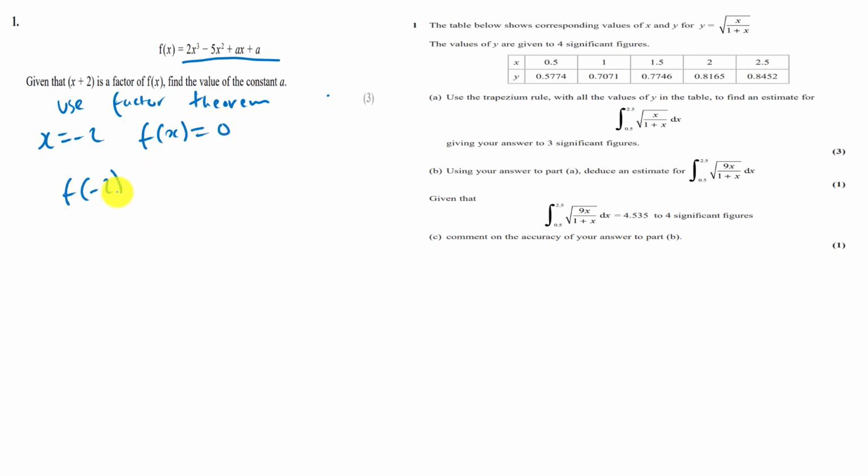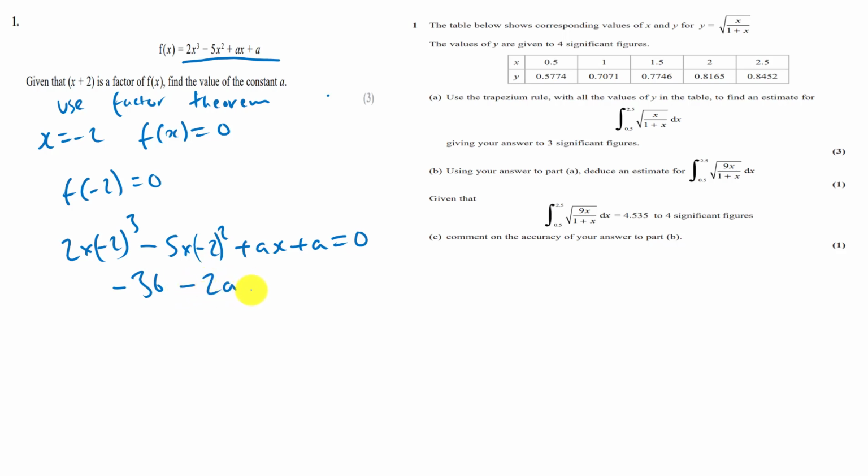So f of minus 2 equals 0, and we just substitute that all in. So 2 times minus 2 cubed minus 5 times minus 2 squared plus ax plus a equals 0, and we're going to get minus 36 minus 2a plus a equals 0. And we simplify that, and we're going to get a equals minus 36. That's completed.